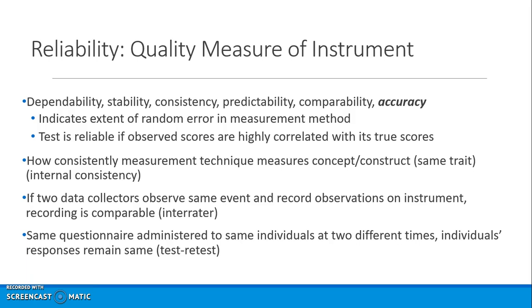If two data collectors observe the same event independently, don't communicate with one another, record observations on an instrument such as a checklist, and then a statistic is calculated, whether it be percent agreement, basically a kappa coefficient or a t-test, or even a correlation, then you say that you've got inter-rater reliability.